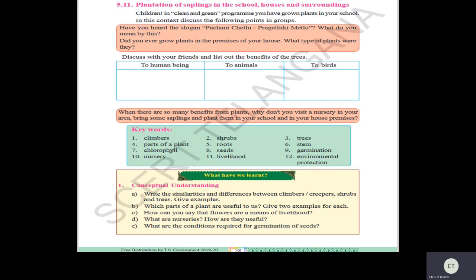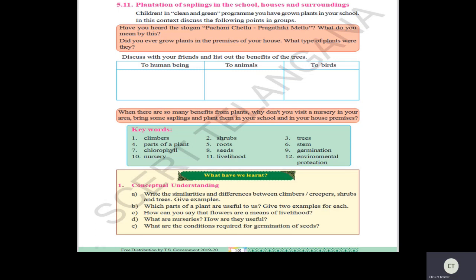So we have to grow these saplings in the house and also school and also around your surroundings, right children? We have to grow and take care of the plants because there are a lot of advantages, a lot of uses of the plants, and it is very important to save our earth, right children?